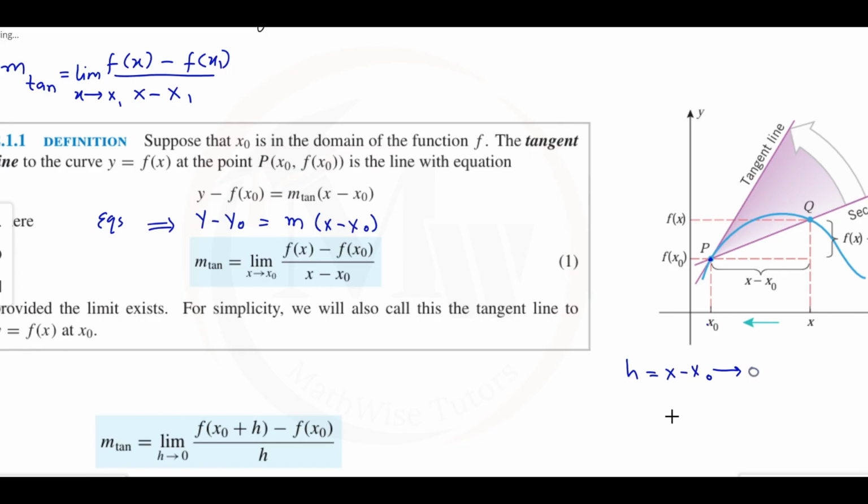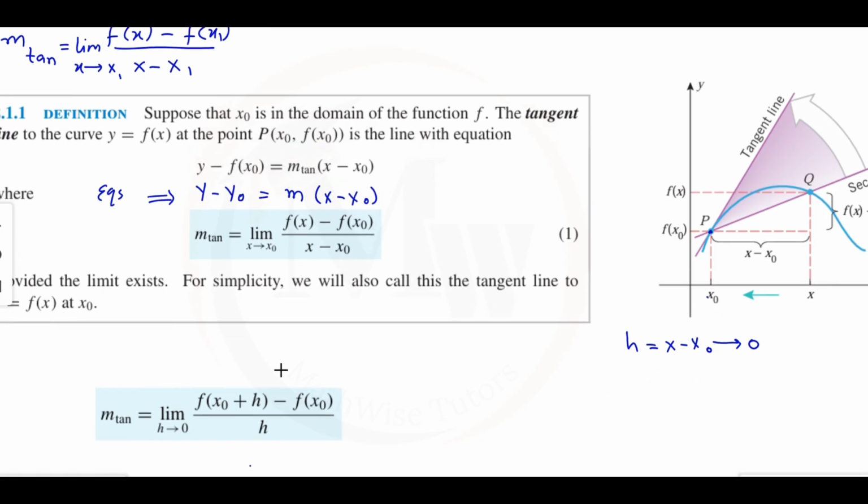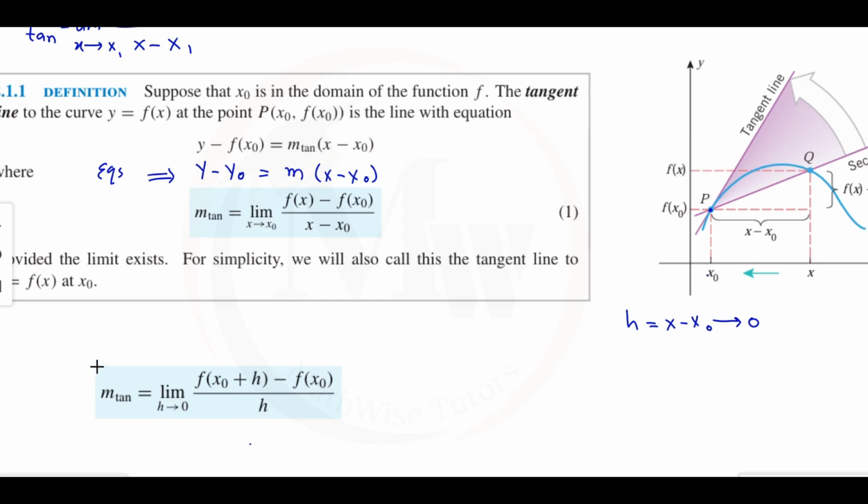So this gives you another definition of finding the slope of the tangent line when h is approaching zero, and that h is actually the distance between these 2 points. Then the slope formula will become f of x naught plus h minus f of x naught. What I did is I just replaced the value of x.